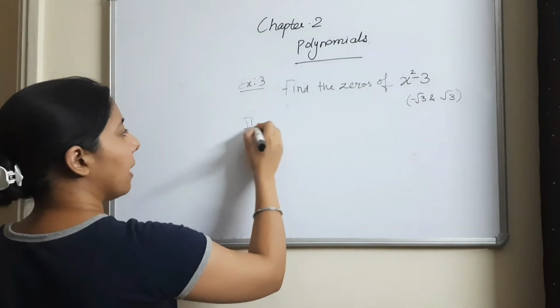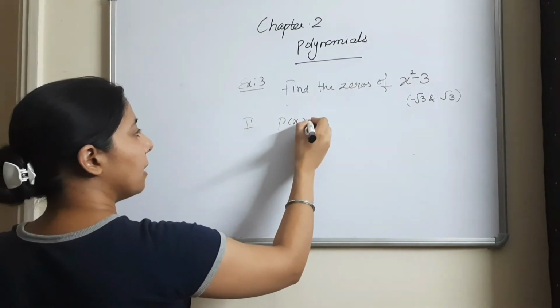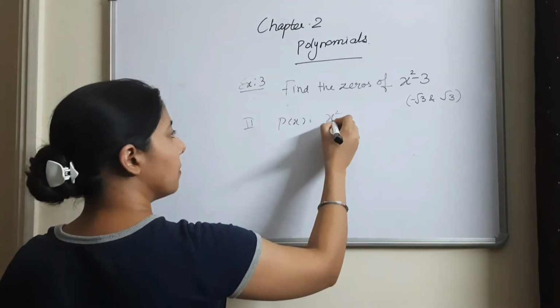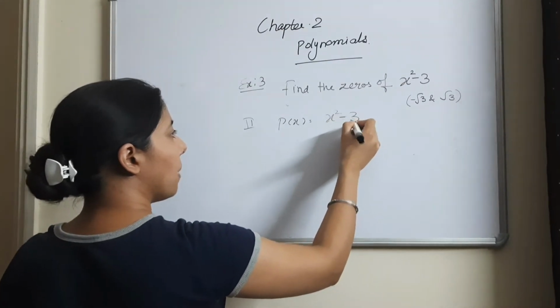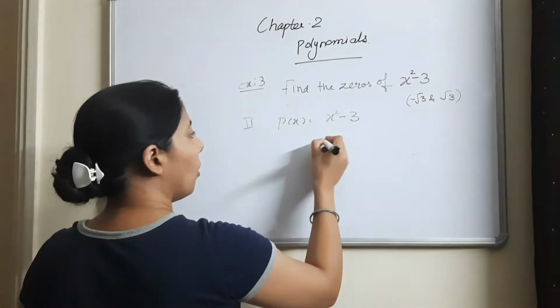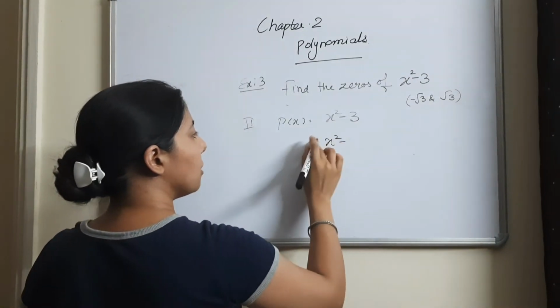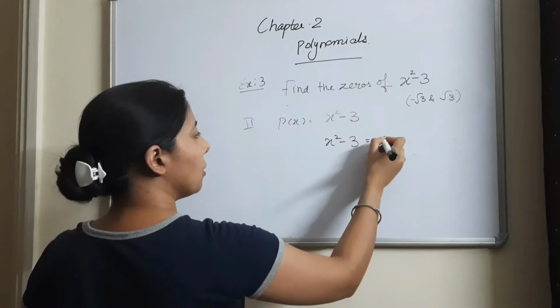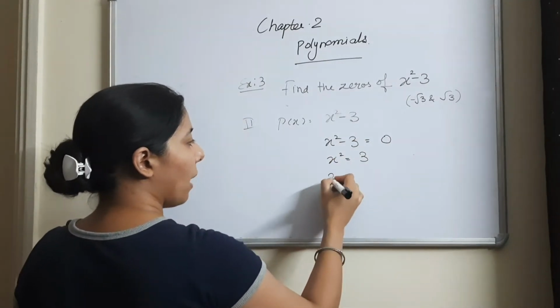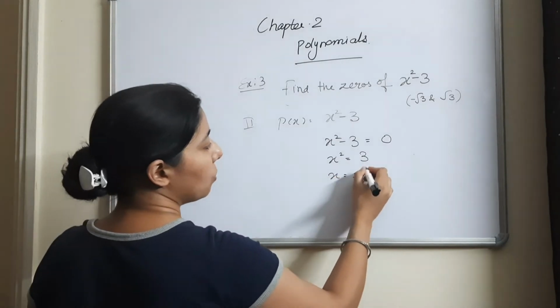Now the second method that you can do is, if P of x equals x square minus 3, now what we will do, P of x equals x square minus 3 equals 0. Now x square equals 3, so x is equal to plus minus root 3.